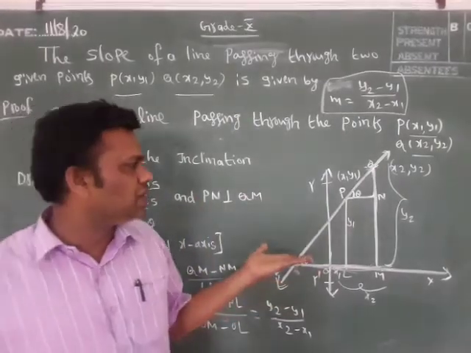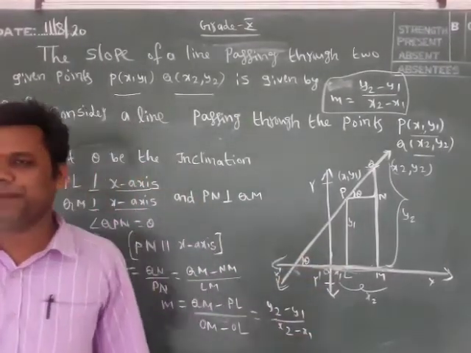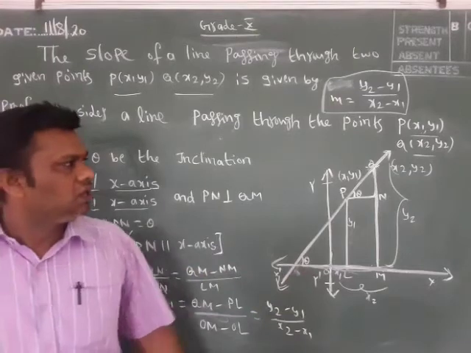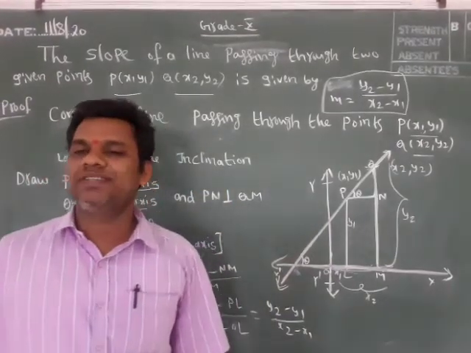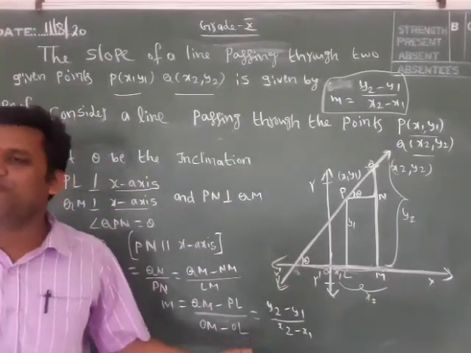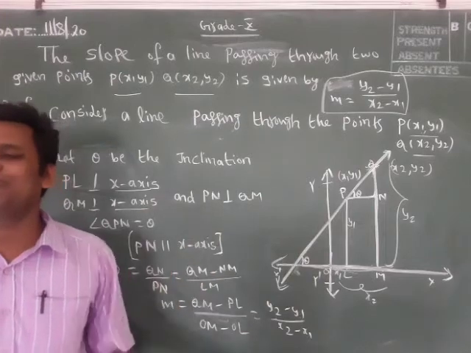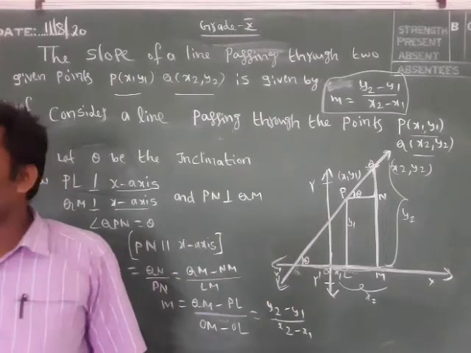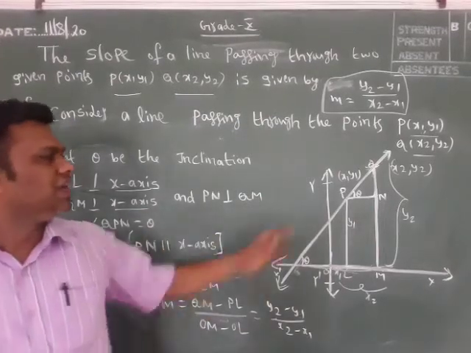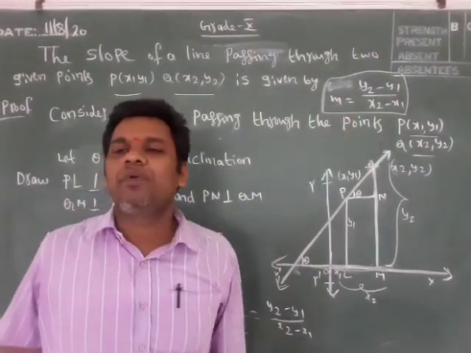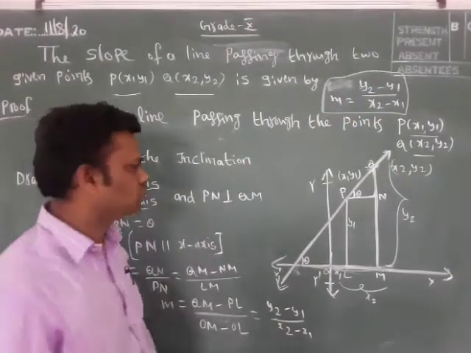Again, listen carefully to what we are proving today: the slope of a line passing through two points P(x1, y1) and Q(x2, y2) is (y2 - y1)/(x2 - x1).